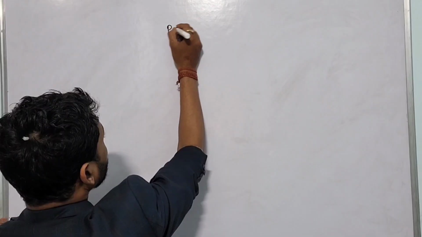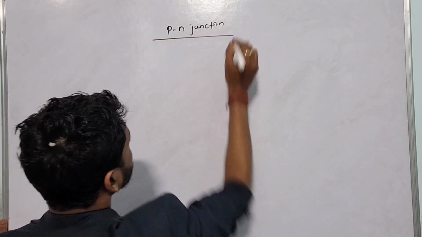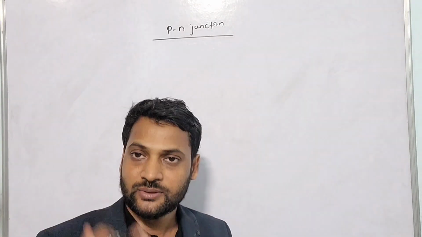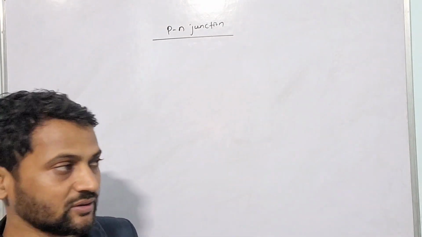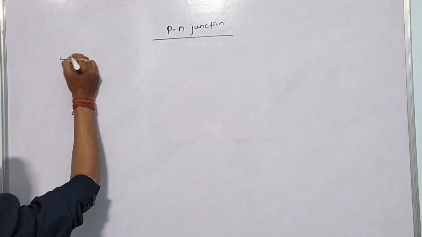So let's start. PN junction formation. Whenever p-type semiconductor is suitably connected over n-type semiconductor, that contact surface is called p-n junction. Let me write the definition first.